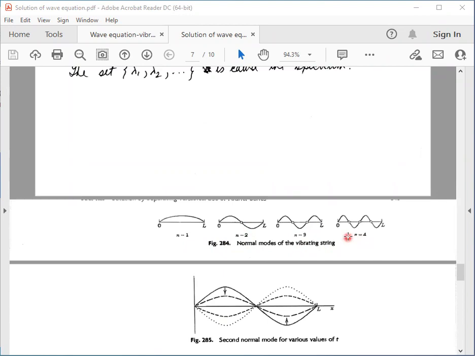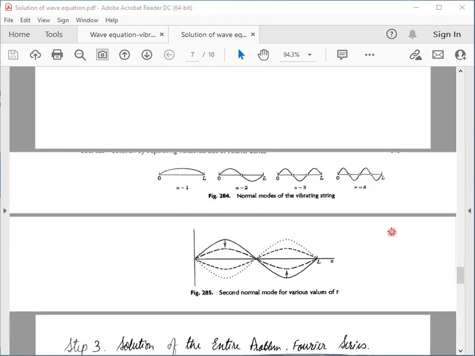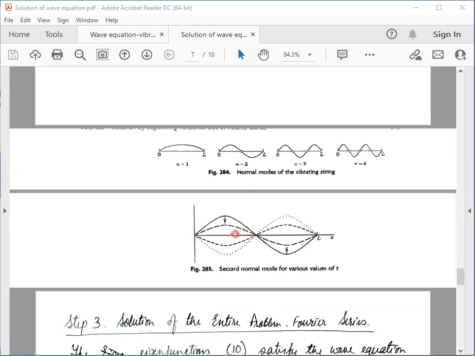The fourth normal mode has, you can see, 1, 2, 3, so it has 3 nodes. Nodes are the points which do not move when the string oscillates, and so on. This will continue forever.